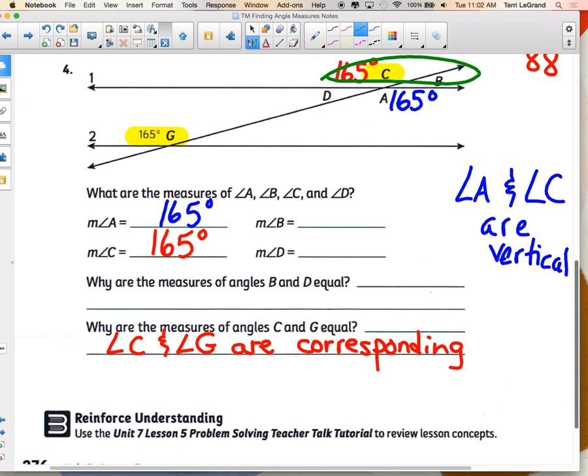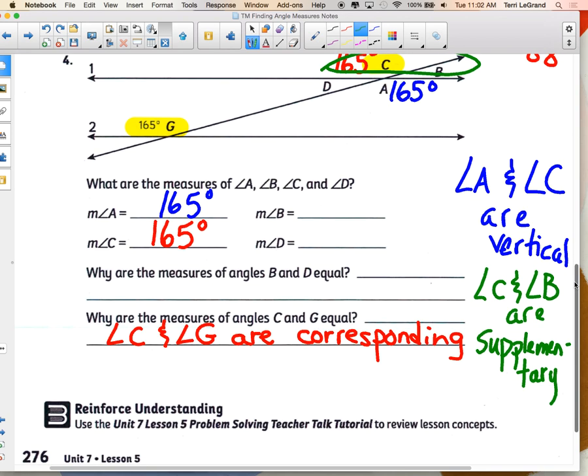What kind of angles are they? Supplementary. So let's go over here and write that angle C and angle B are supplementary. I'm going to run out of room, so I'll just put a hyphen there. Well then, since we know they're supplementary, what are we going to have to do yet?